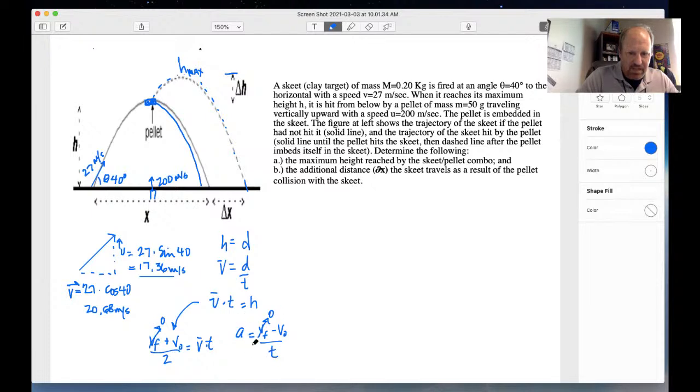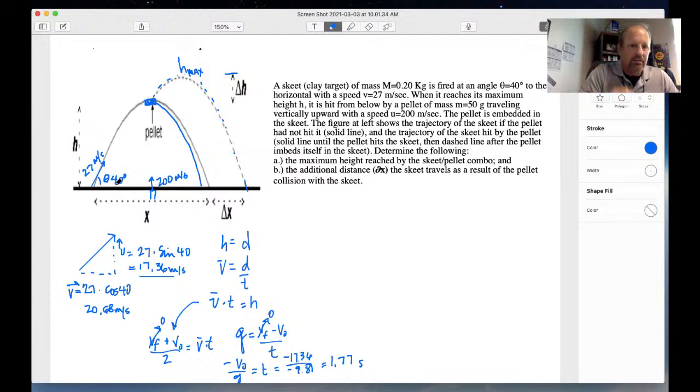If we trade places with a, which is just g, and t, then we can say negative v initial over g equals t. So we take negative v initial, which is negative 17.36, divided by g, which is negative 9.81, and that'll give us the time it takes to get to the top, which is equal to 1.77 seconds. Okay, so the time it takes to get to here is 1.77 seconds.